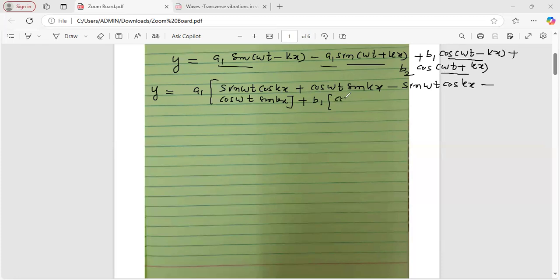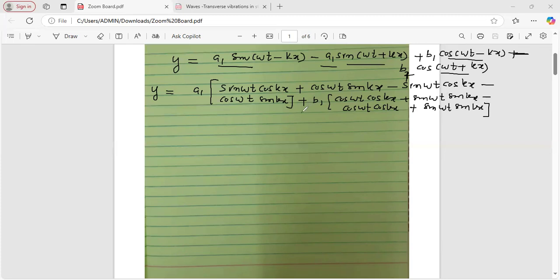Expanding that: cos ωt cos kx plus sin ωt sin kx, plus, this is B2 equal to minus B1, minus cos ωt cos kx, and minus into minus gets plus sin ωt sin kx.